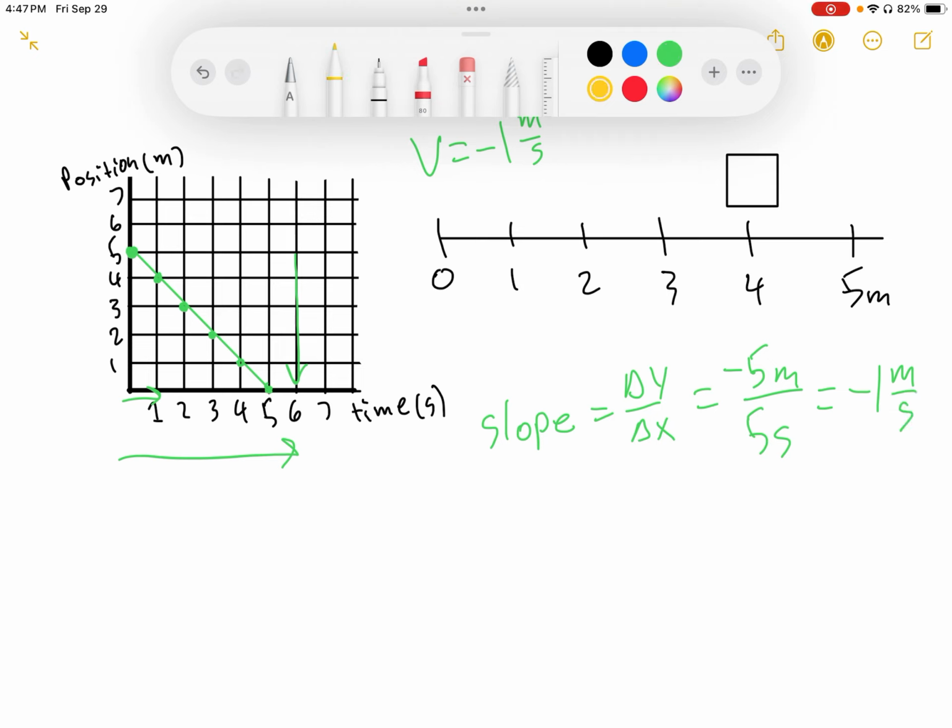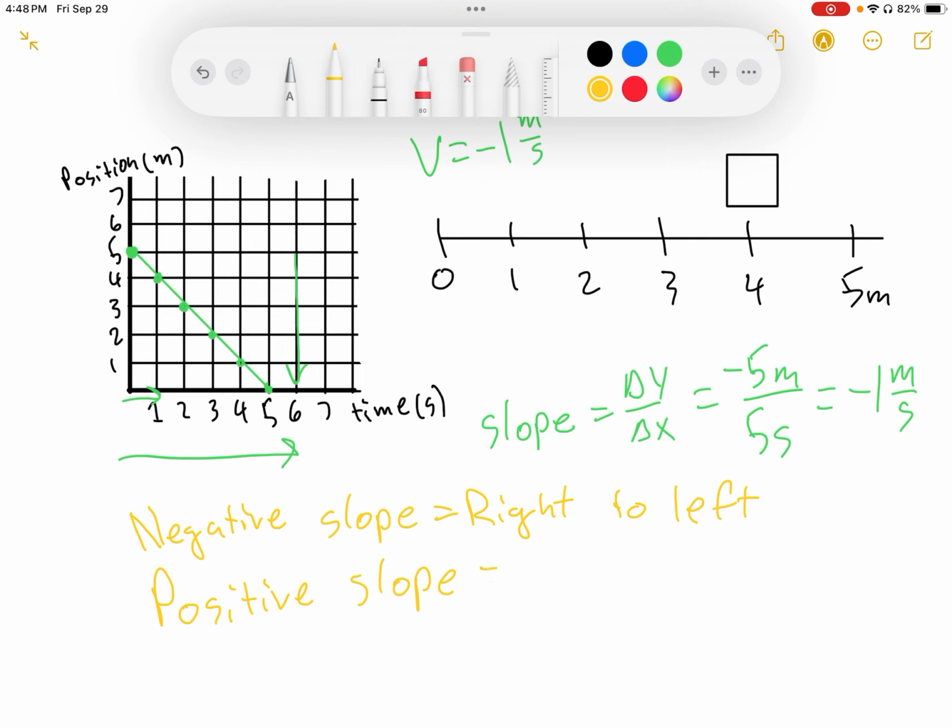We'll put it in gold, that a negative slope equals right to left, and a positive slope equals left to right, right?